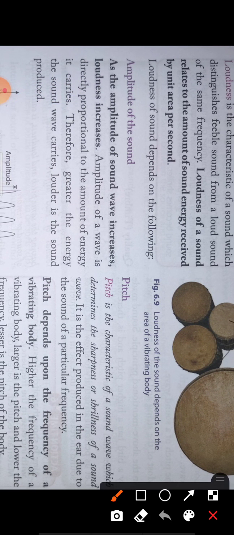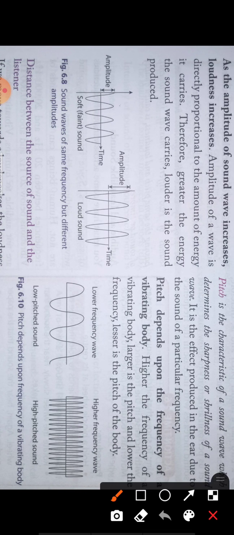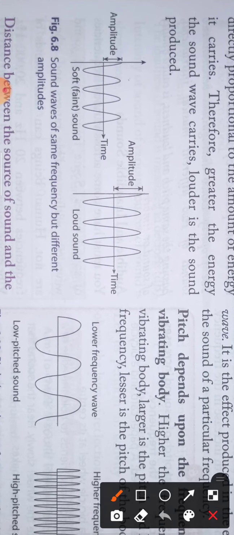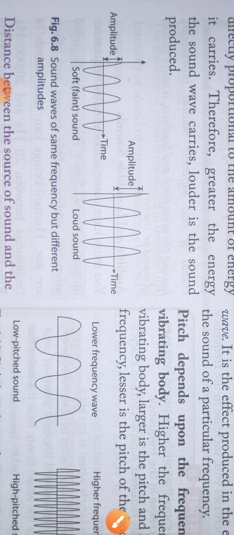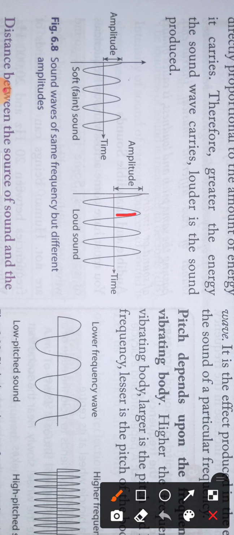Now, do you know what amplitude is? Look, here you have two waves. On the right side, the amplitude of this wave is high, but on the left side the amplitude is low. Why? Because you can clearly see on the right side the height of this wave is high compared to the left one.